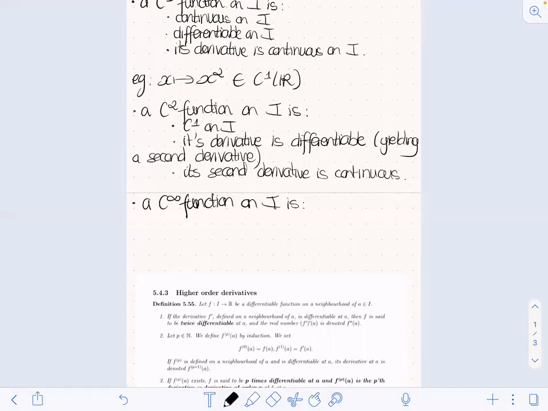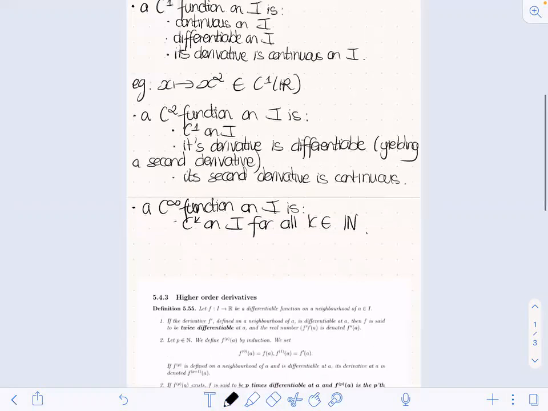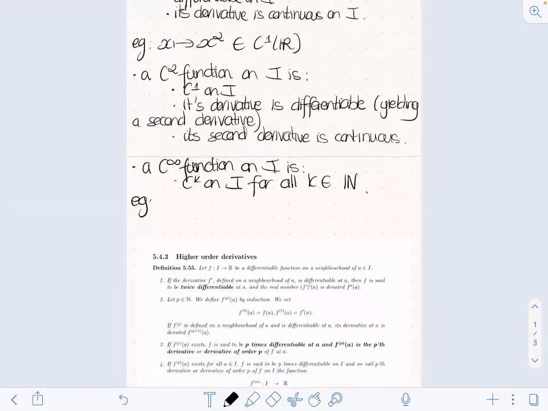So a C infinite function is CK on I for all K in N. For example, take x squared, or any polynomial: it's always defined and continuous on R. Its derivative is defined and continuous on R, and differentiable, and at some point you'll reach a derivative equal to 0.